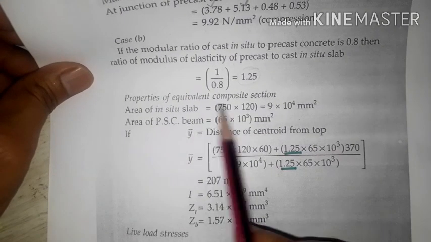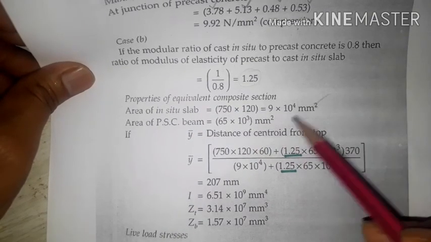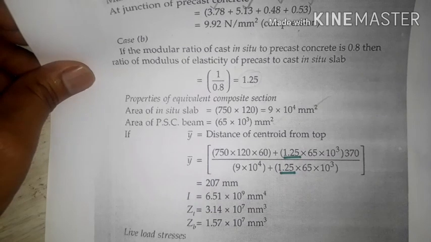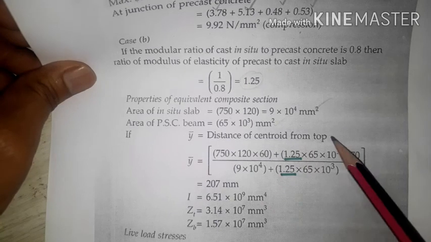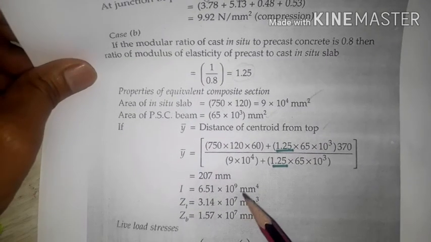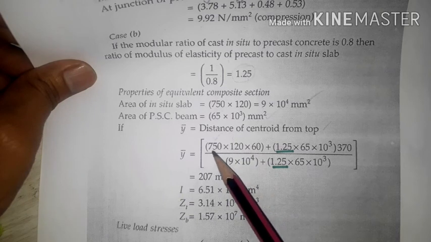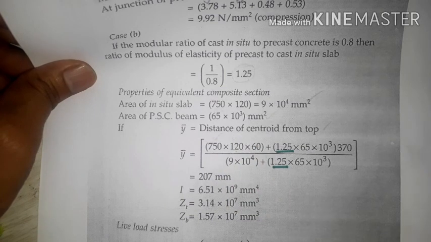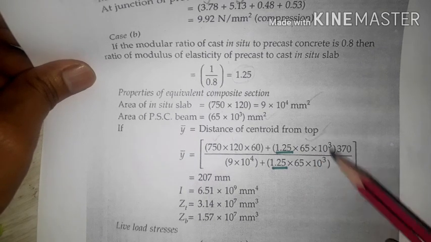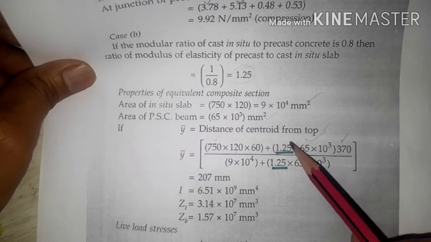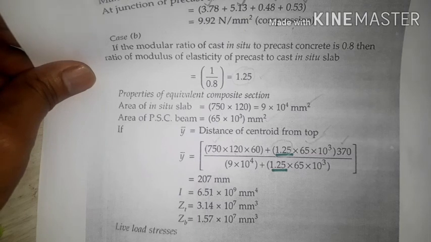Then the properties of the equivalent composite section: the area of cast in situ slab is 750, which we have already calculated. Then y bar is the distance of the centroid from the top fiber, so that's why it is 750 into 20 into y bar is 60, plus area into y bar, but you have to multiply by 1.25 because it is given the ratio of that, it is 1.25 times.